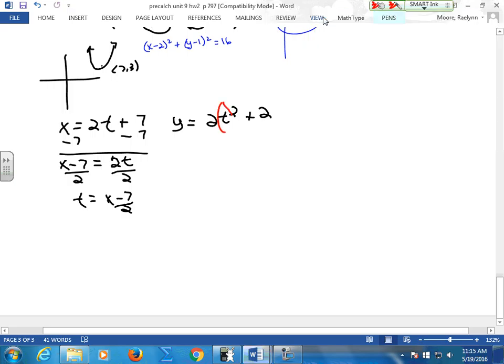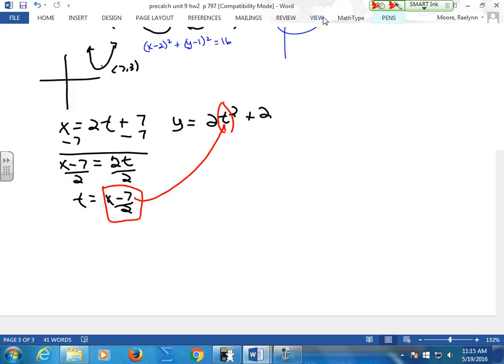You're going to take this t out, and you're going to put this t in here. This is your substitution. So we get y is equal to 2 times (x minus 7) over 2, oops, I forgot the 2, squared, plus 2. Now, if I just graph that, I'll get a parabola. I can see my parabola, right?